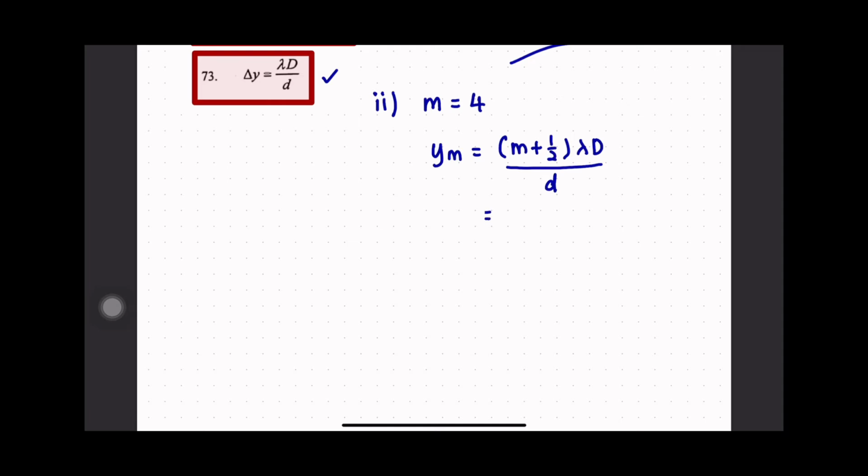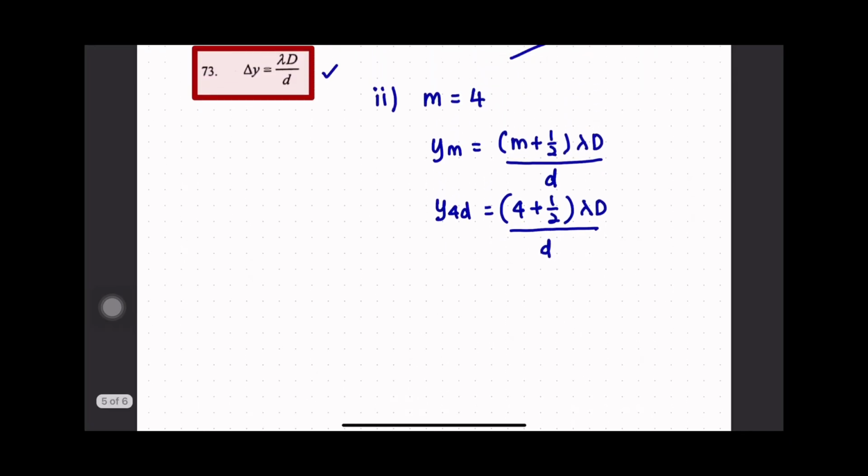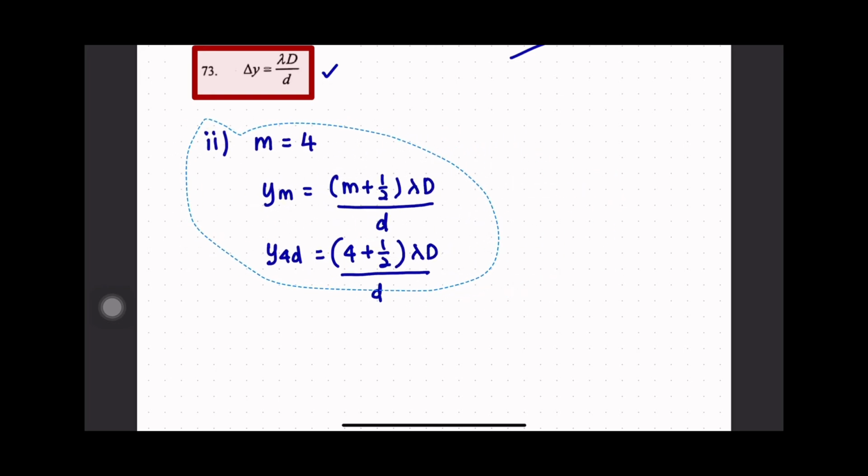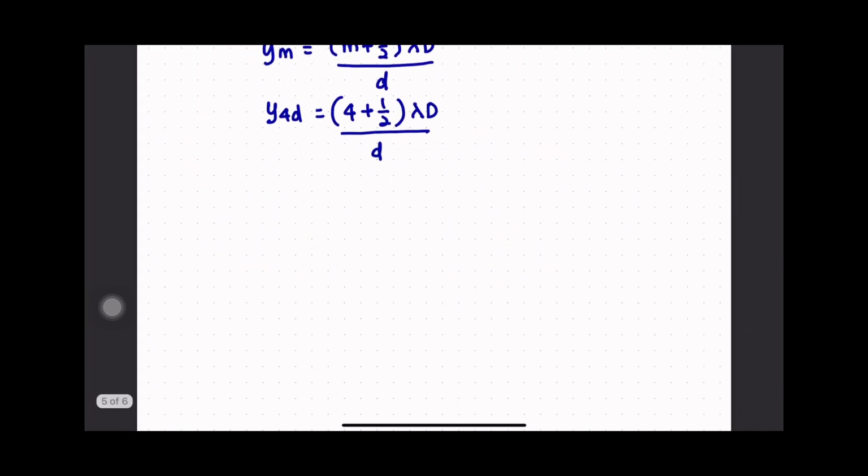So y for dark, 4 plus half, lambda D over d, and then kita substitute the value.